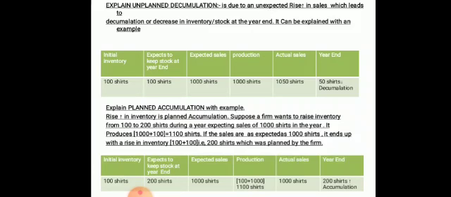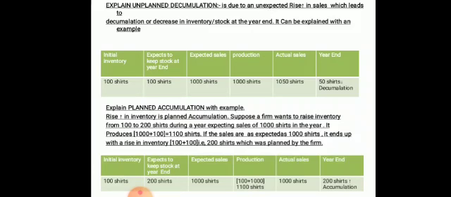So the production of 1000 shirts takes place, but the actual sales here, you see, are 1050 shirts. It is expected to sell 1000 shirts and produces 1000 shirts, but the actual sale is more than expected, 1050 shirts.